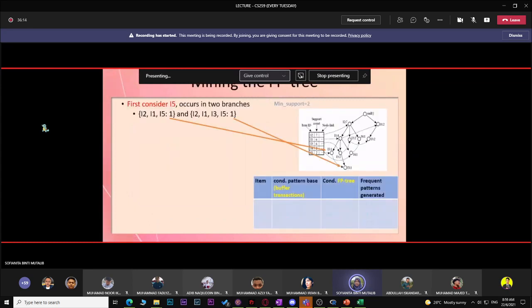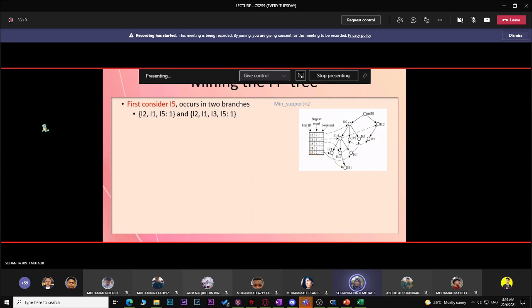Okay, right. So this one will be considered first. We are going to look at I5. Okay, where can you find I5? Okay, so I5 occurs here, I5 occurs here. Okay, so there are two branches involved for I5, which you can see what are the prefix of I5.